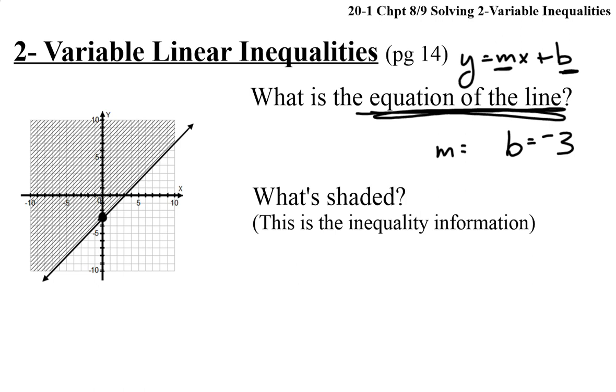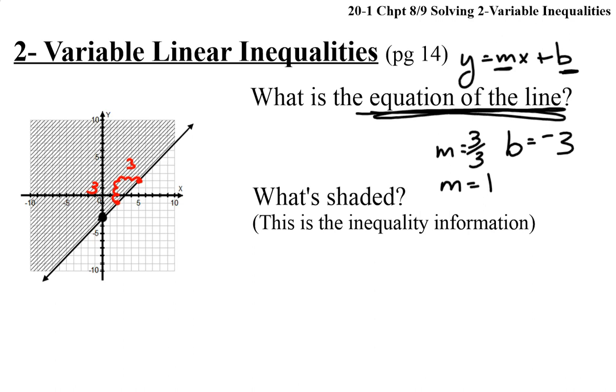The second part is we need the slope. To get a slope, if you recall, we want to find 2 points of intersection. Any 2 distinct points, there's 2 there that I'm going to work with. What's the rise? 1, 2, 3. We have a rise of 3 positive, and then a run of 3.